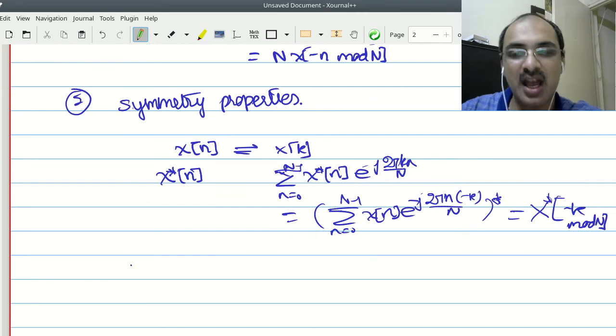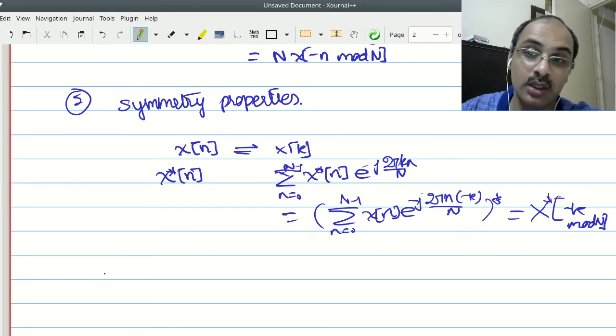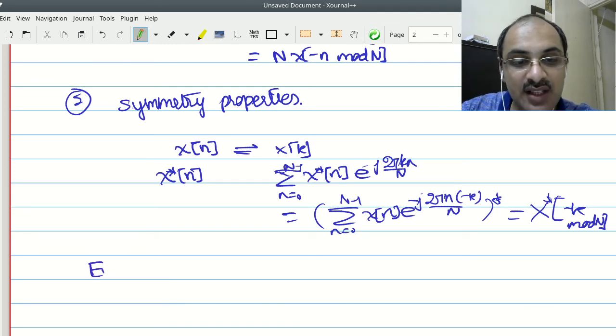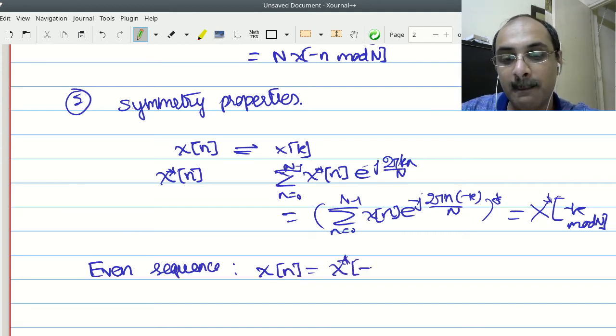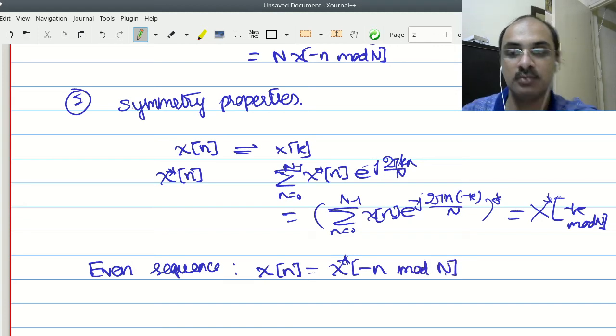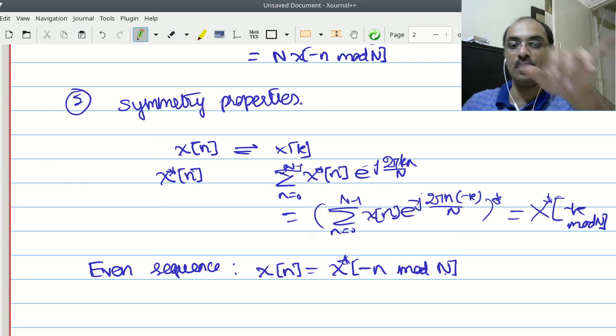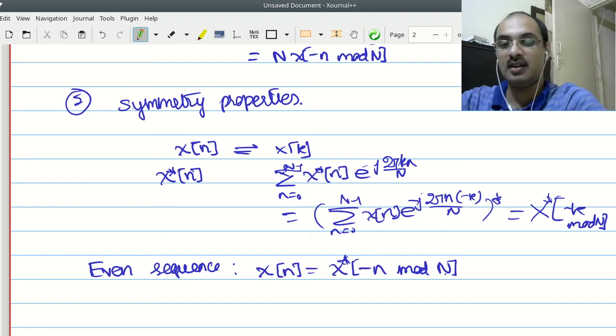Similarly, suppose you have an even sequence. Now the thing with even sequences is that you have to define it carefully. What is an even sequence? An even sequence is something that satisfies x of n is equal to x star of minus n modulo N. That means that if you look at it on the other side or wrap around with N, it's even.